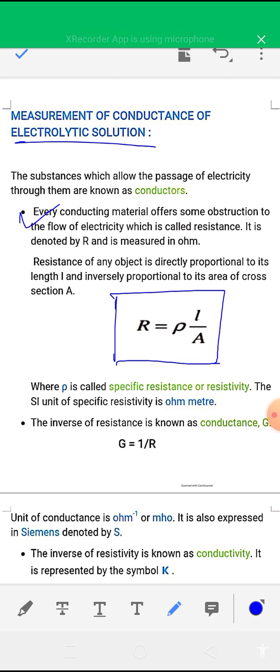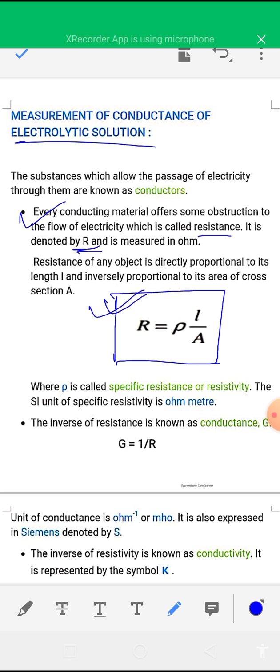Every conducting material offers some obstruction to the flow of electricity, which is called resistance, and it is denoted by capital R. In class 10 physics you have already studied resistance. The same formula used for calculating the resistance of a metallic conductor applies to an electrolytic solution.